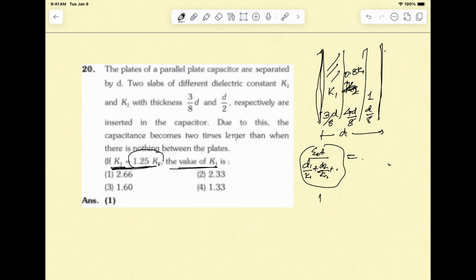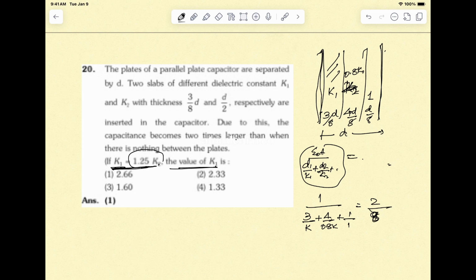Therefore I'll simply write 1 by, let me write the gaps as 3 by k plus 4 by 0.8k plus 1 by 1, equal to 2 by... Okay, just watch what I'm writing.